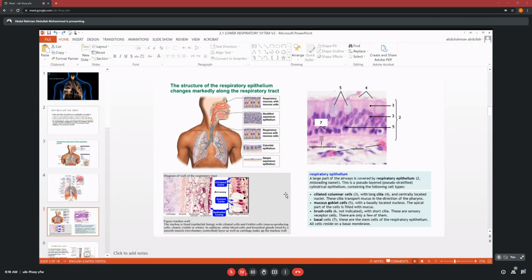Can we say Clara cells? Clara cells keep on increasing or decreasing as we move downward? Decreasing. Are you sure? What is the function of the Clara cell? Surfactant? Yes, surfactant. So where do we find more surfactant? Okay, the respiratory zone. And the surfactant, with the Clara cells, contributes with the function of which type of cells?